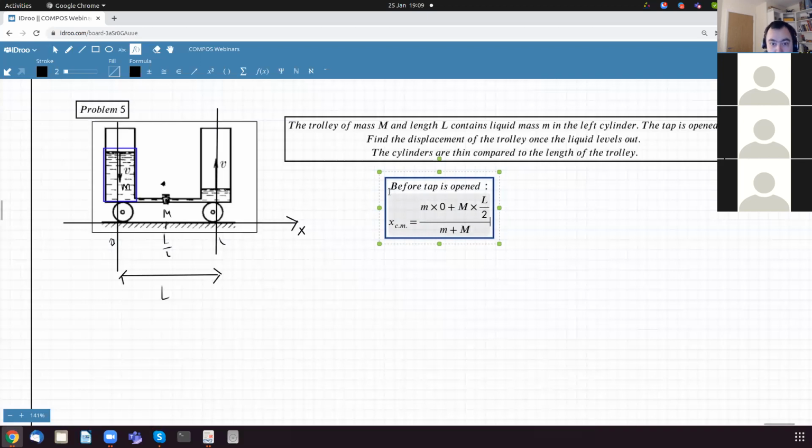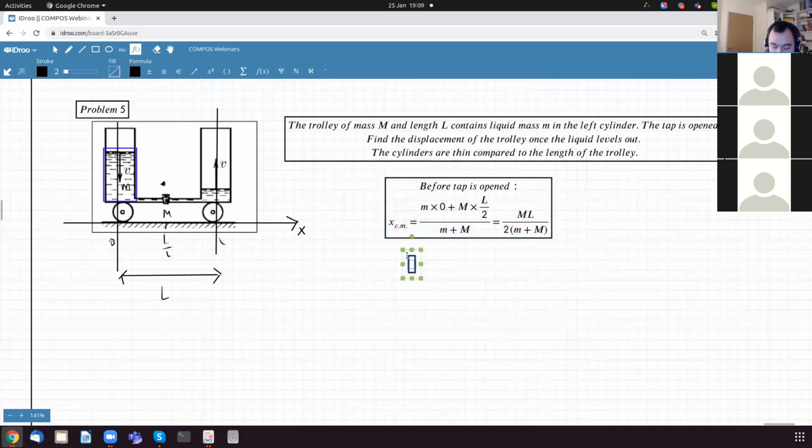We can calculate that, and it's equal to mL divided by 2 multiplied by M plus m. That's the center of mass of the trolley and water before the tap is opened.